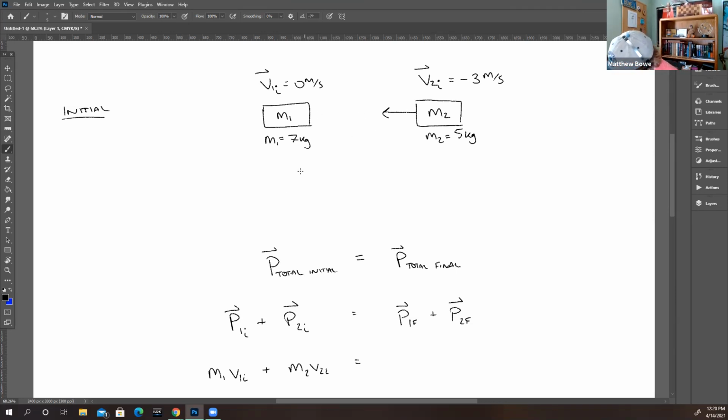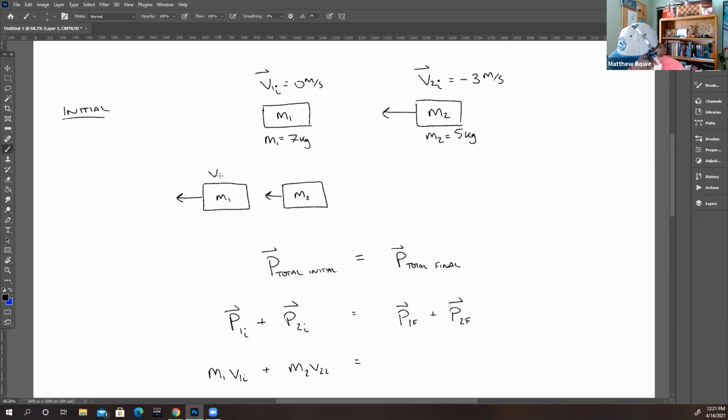So let me make a final where they hit each other, bump into each other, and have a perfect elastic collision. And I'm not going to make it easy, so I'm going to say that both of them are moving.